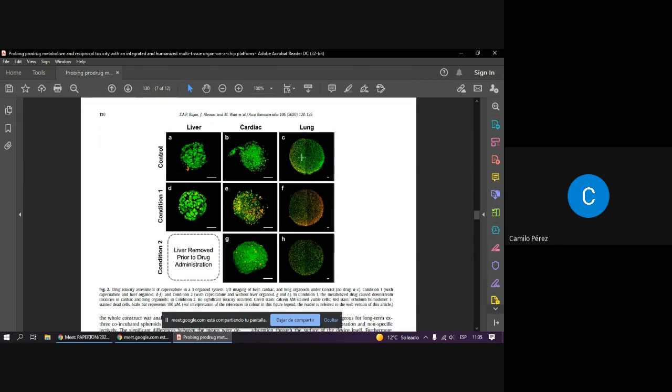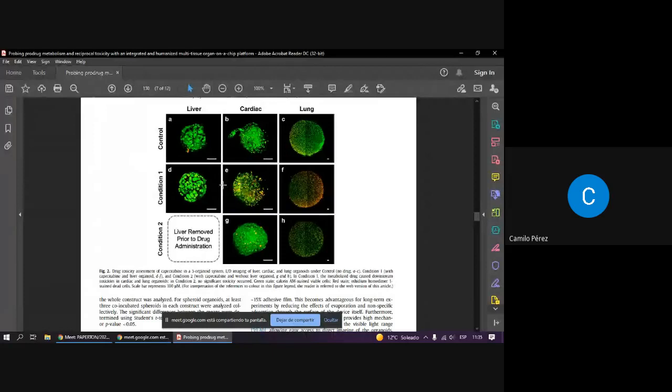You know, in this type of organ the drug effect is lower than in a normal or conventional 2D cell culture. For example, when I differentiate cardiac cells in a conventional cell culture, the reaction in a 3D dimension is different.